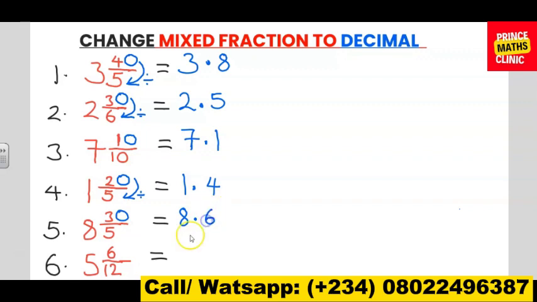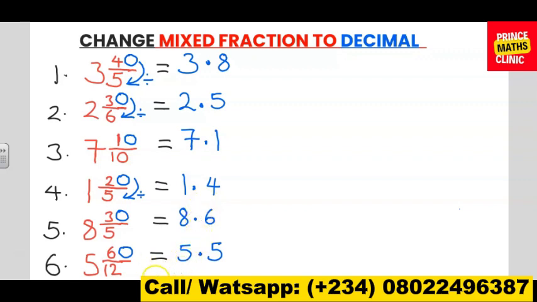You write down 6. Then finally in this set, you write out the whole number, which is 5. You put a point. Then you put a 0 here. 12 can go in 60 five times. So this is 5. Good. So that is how to go about solving questions like this.